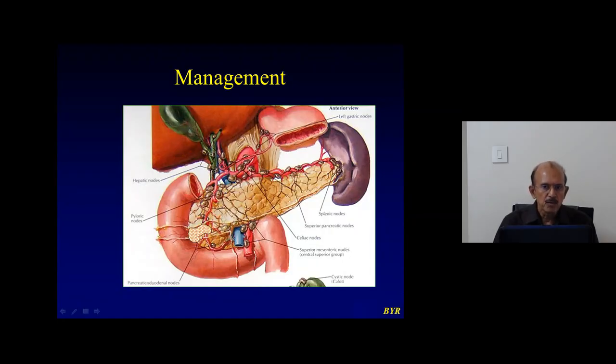For example, this is a pancreatic head tumor. What are the blood vessels supplying this? You can see here, this is the hepatic artery. The hepatic artery gives off the gastroduodenal artery. The gastroduodenal artery divides into two branches. What are they?